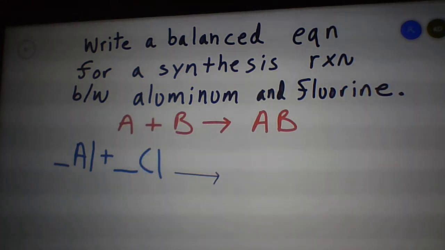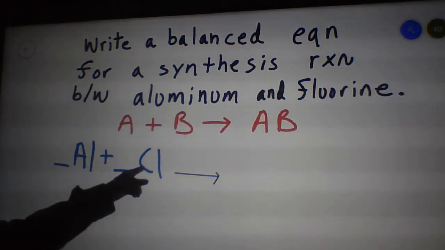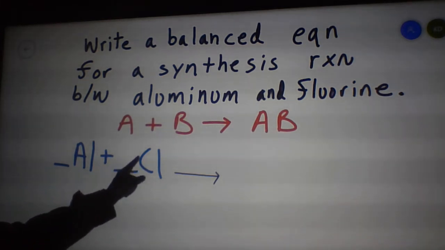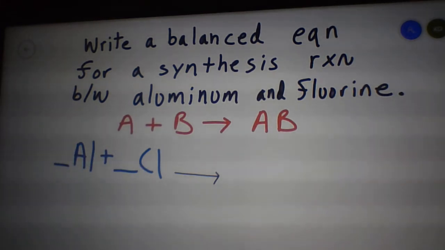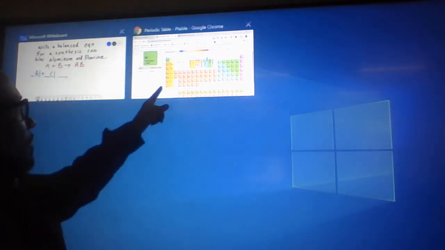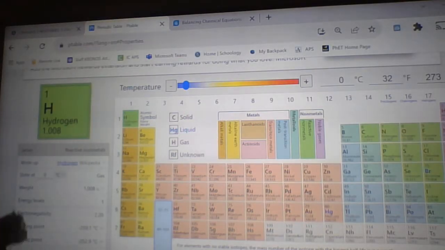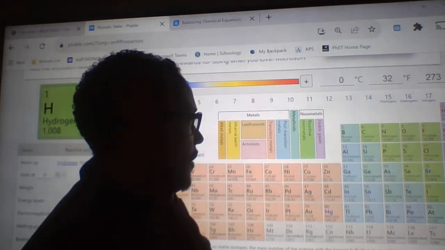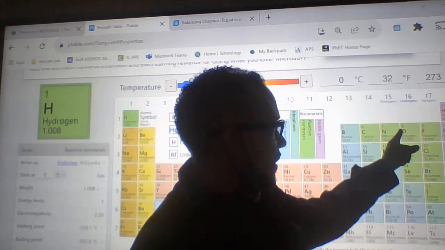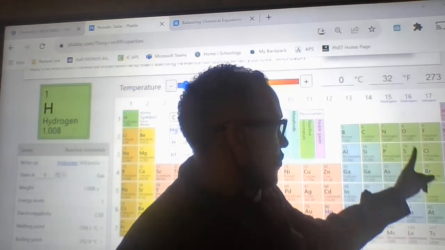All right, so now we have aluminum and chlorine, but this is a special guy. I remember this guy, he's a non-metal, and I know that some non-metals like to pair up. They don't want to be by themselves. So I'm going to think back to my diatomic elements. The diatomics are going to be non-metals. It's going to be this upside down L. I remember that one.